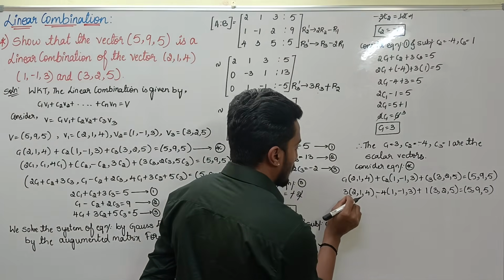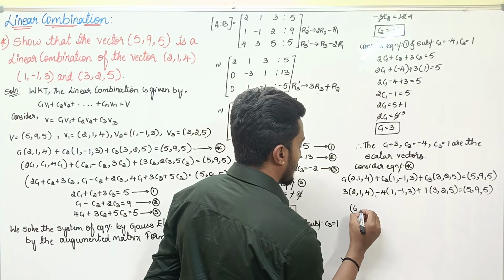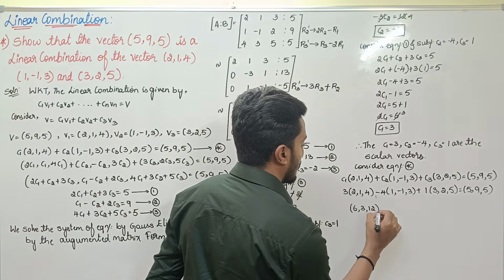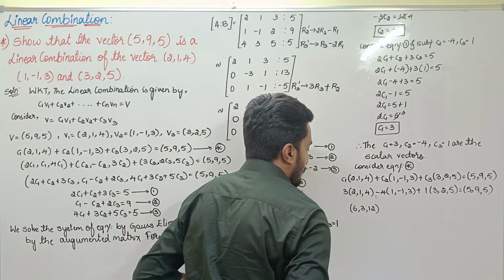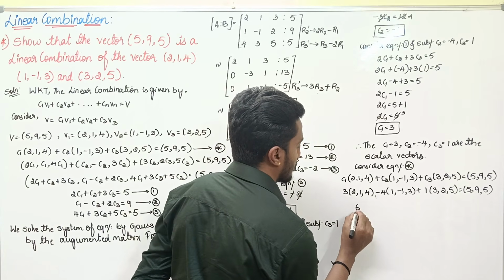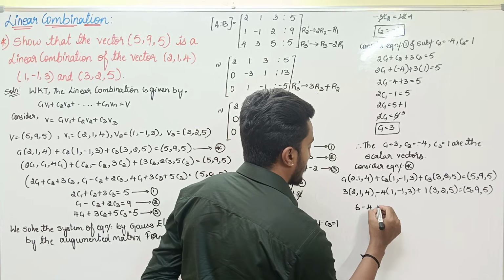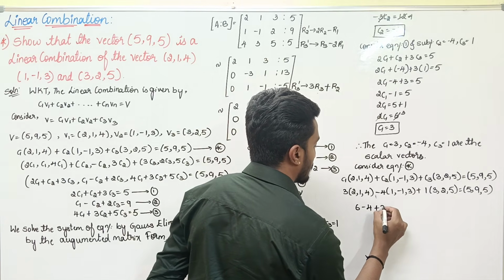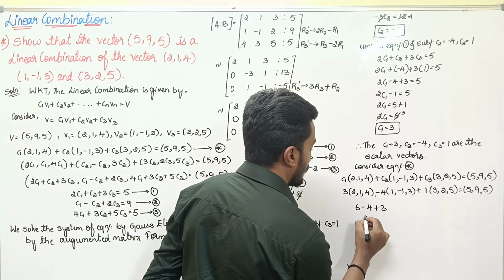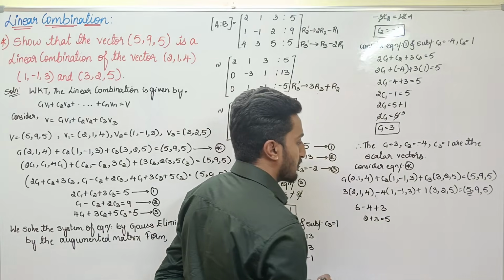Now let us multiply the first term. 3 twos are 6, 3 ones are 3, 4 threes are 12. Next, minus 4 into 1 is minus 4, plus 1 into 3 is 3. 6 minus 4 is 2, plus 3 equals 5. See, the first term is satisfied.